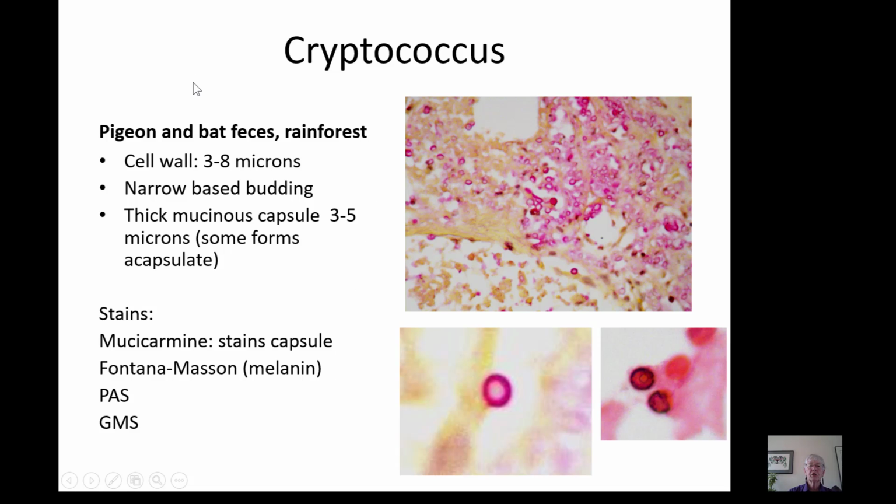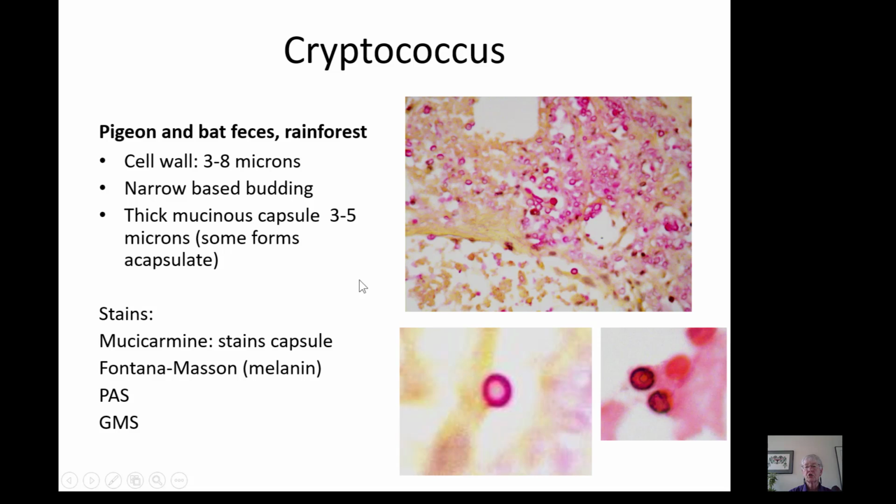Cryptococcus is found in pigeon and bat feces and is also found in rainforests. The cell wall is about twice the size of histoplasma, from 3 to 8 microns. It has narrow-based budding and is characterized by a thick mucinous capsule, which can be some additional 3 to 5 microns in diameter. Some forms are acapsulate, but most of them are capsulated.